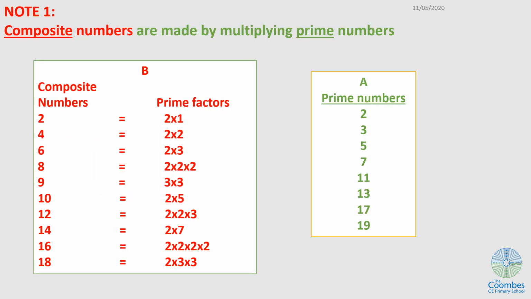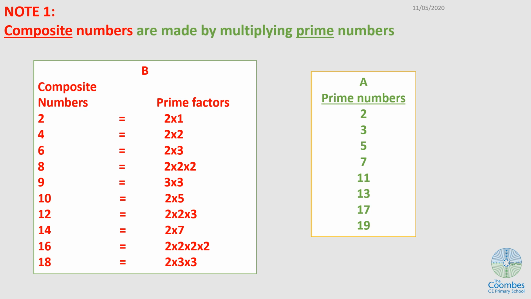Now, if you come here, these were the composite numbers I was talking about. But how can we use prime factors to find these composite numbers? Come with me to here. For the number 2, I know the prime numbers 1 times 2 will give me 2. For 4, the prime factors 2 times 2 will give me 4.